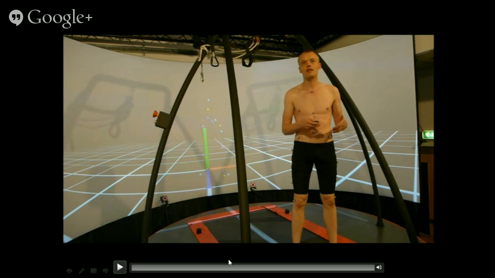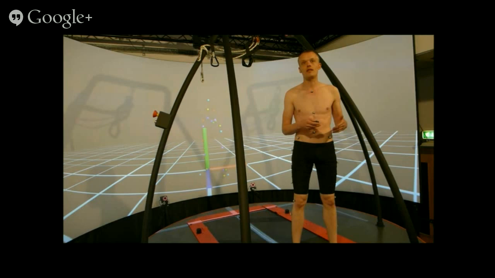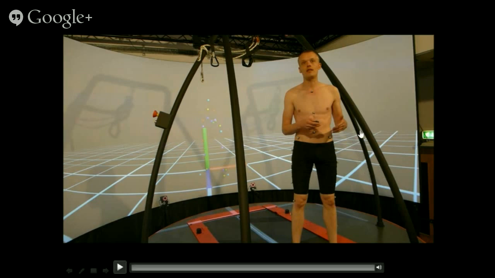So each belt is individually controlled and has its own 2.5 meter long force plate underneath it. There's also a safety structure and a safety harness, so that the patient can't fall off the moving motion base.